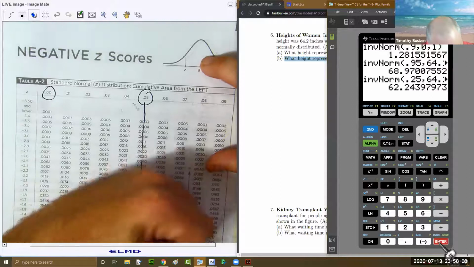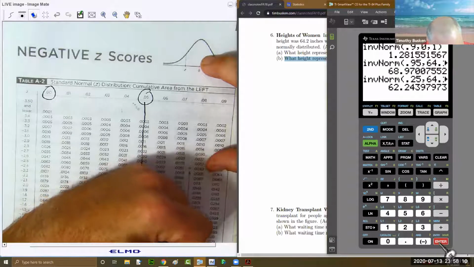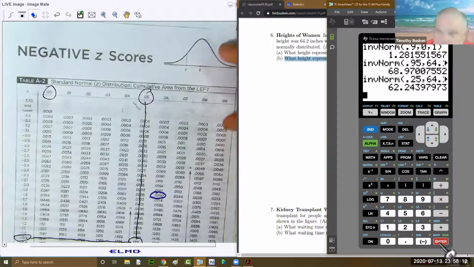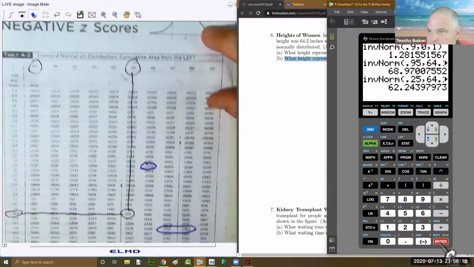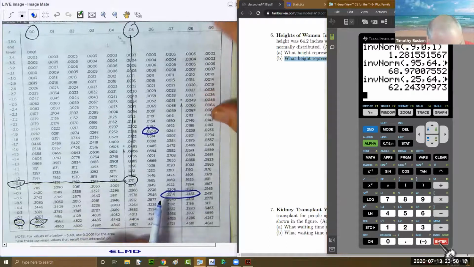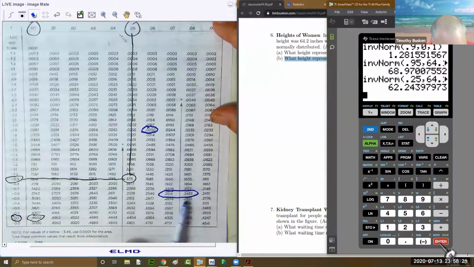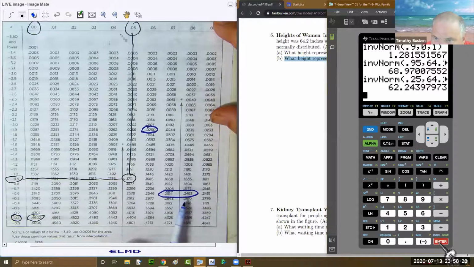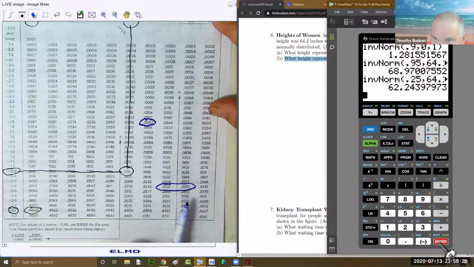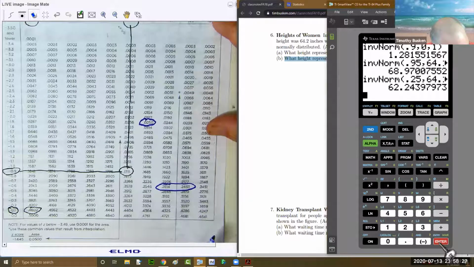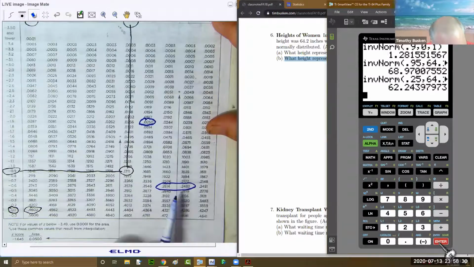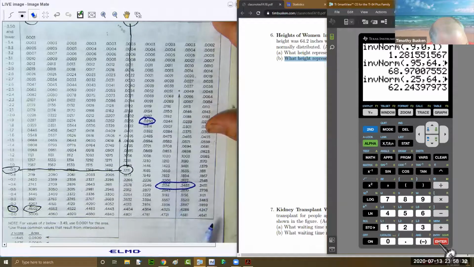It looks like there's no exactly 25% there, but we found two numbers. Whoops, I'm sorry, I'm down here. We've got two numbers that are closest to 25%. You just split the difference between them.